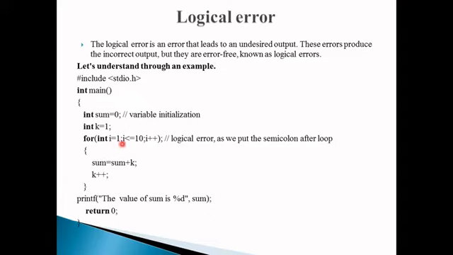Next one, i is less than or equal to 10, semicolon. Next is i++. In the curly bracket, here we simply print the sum of the numbers. Here we print the sum variable, sum of the numbers. Last, print.